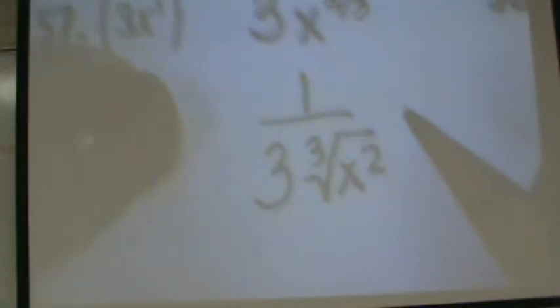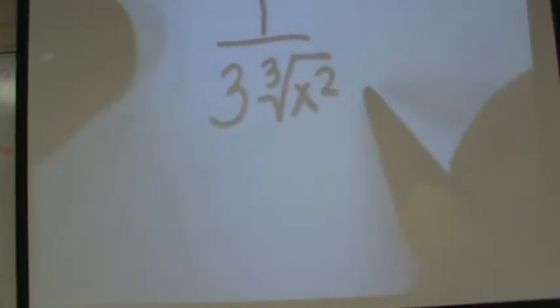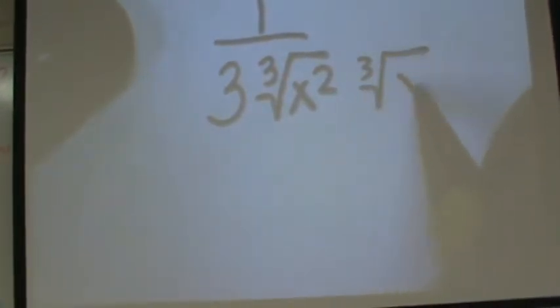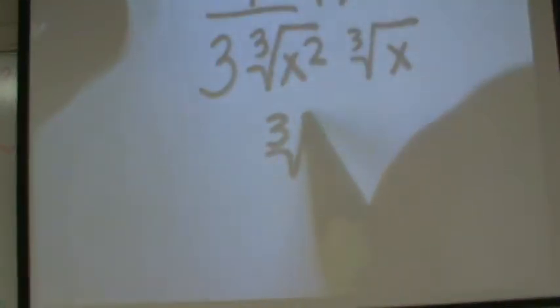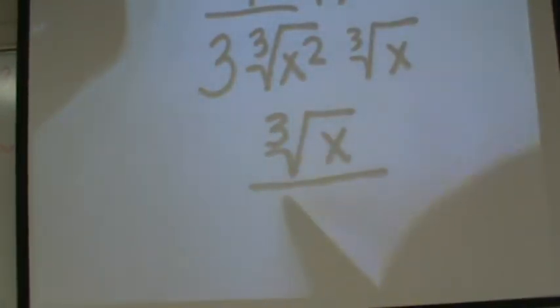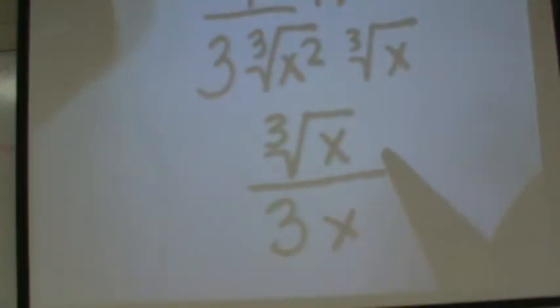Now, you're not going to want to leave this radical in the denominator, so you need another cube root of x. So the answer is cube root of x over 3x. And that would be rationalized.